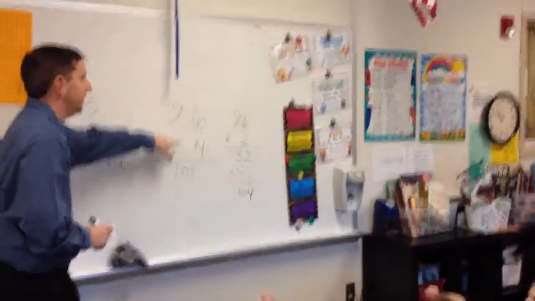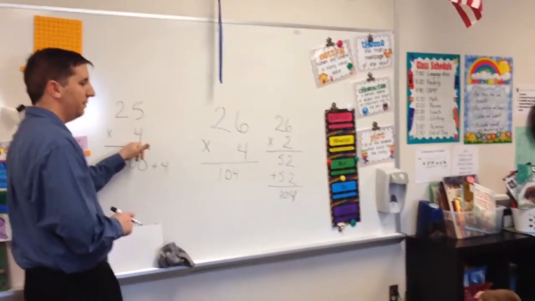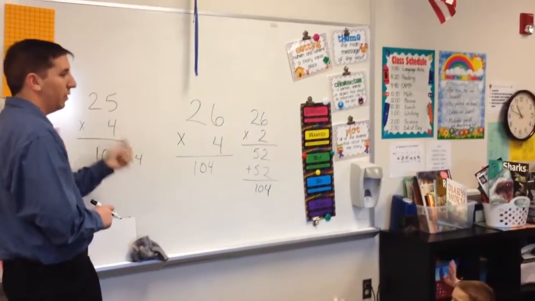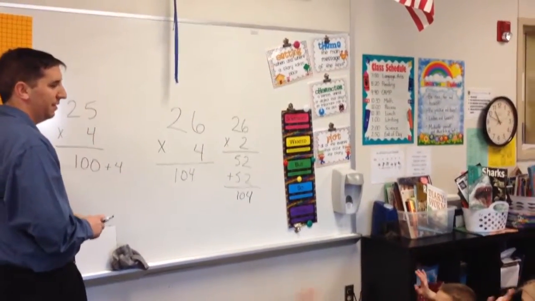Okay, so you understood that this is 26 groups of 4 and this was 25 groups of 4. So it's one more group of 4 instead of one more group of 25.